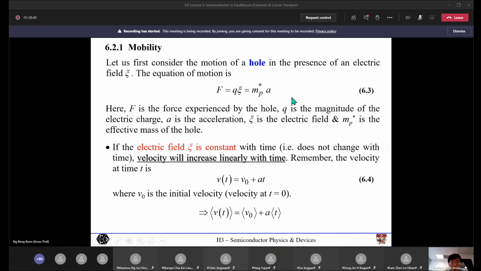So if you do that, we can relate the acceleration, if you rewrite this expression, we can find out what's the acceleration that the hole is experiencing, which is q multiplied by the electric field over the effective mass.